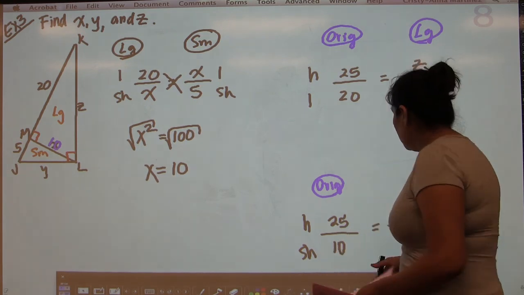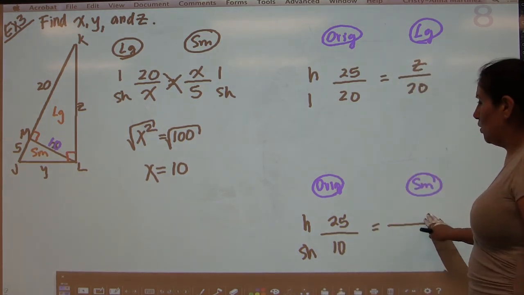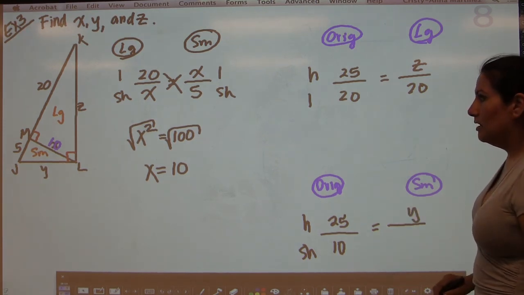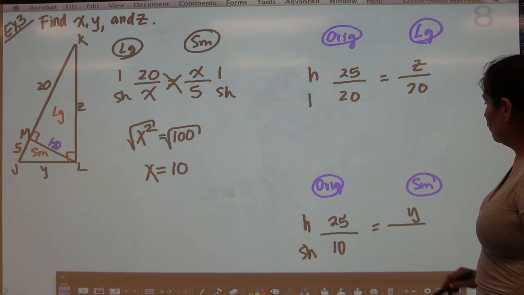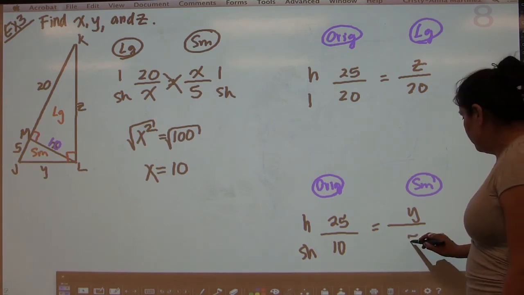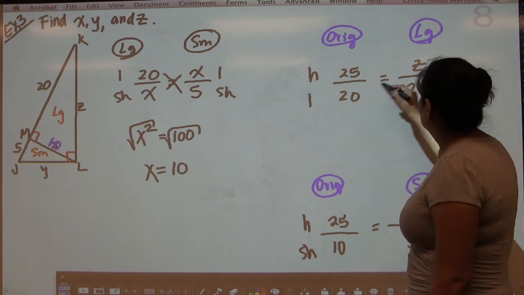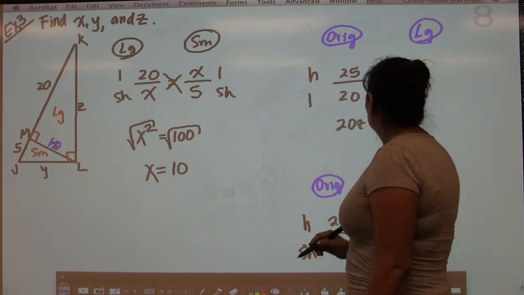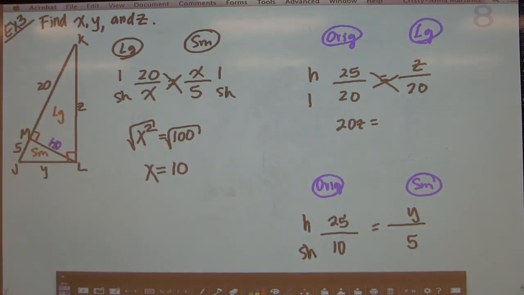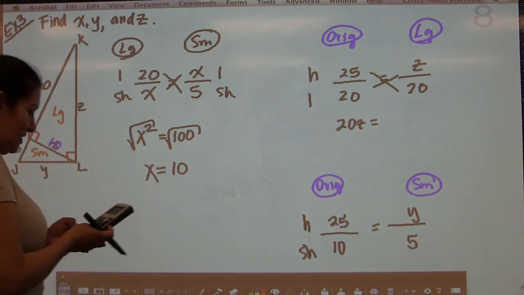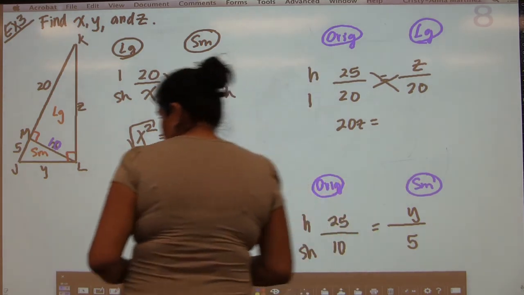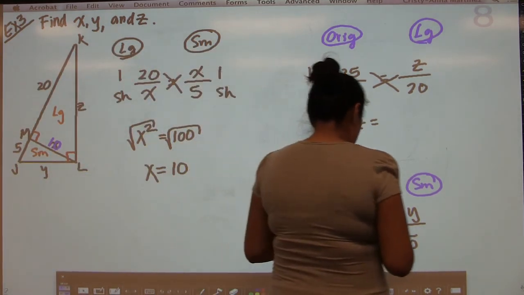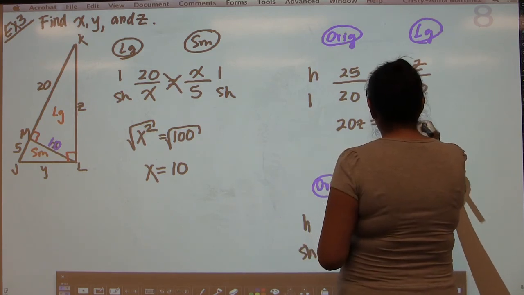Over here in the small triangle, you want to go hypotenuse, which is going to be y, and then the short side, which is 5. Okay? So we're going to get 20z is equal to 25 times 20. 25 times 20 is 500.